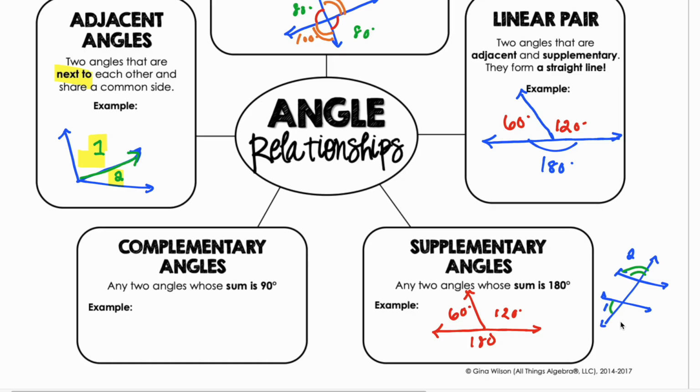They're not a linear pair because, I'm sorry, they're not adjacent, right? These are not next to each other. There's this space in between them. But they do add up to 180 degrees, so they are supplementary. So these two would be examples of supplementary angles. And I'm going to add some numbers here. Let's say that this one was 60, and then this one would have to be 120 if they're supplementary.